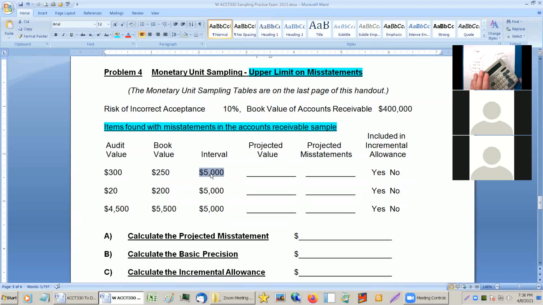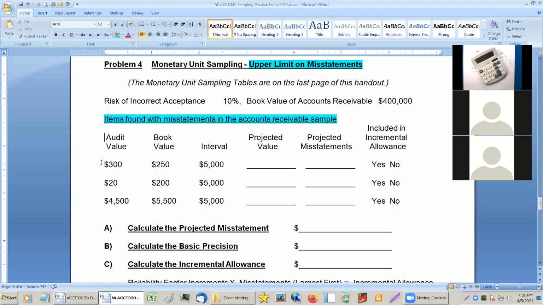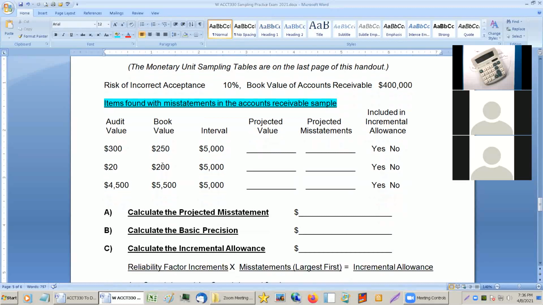What is that? 80. Okay, so out of the 80 items, we found these 3 things that had misstatements. So the question is, what do you do with them?